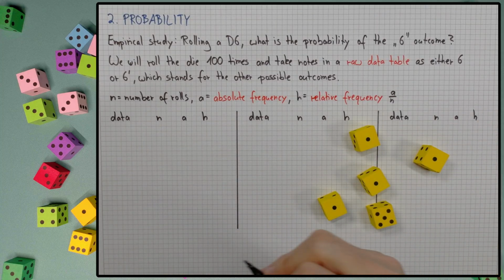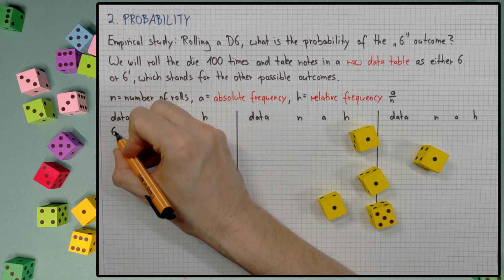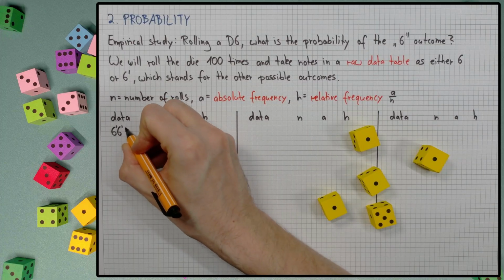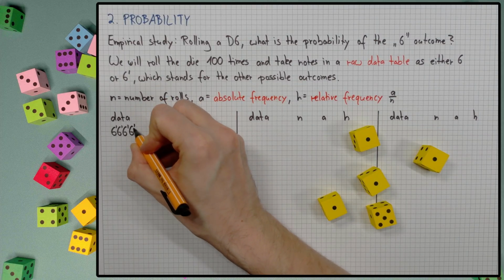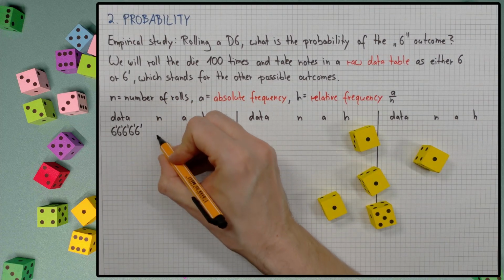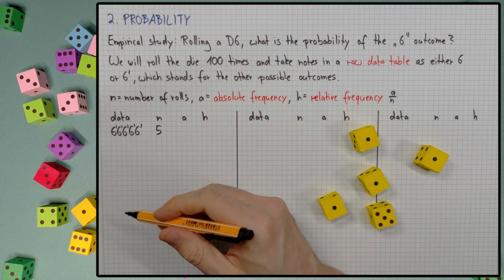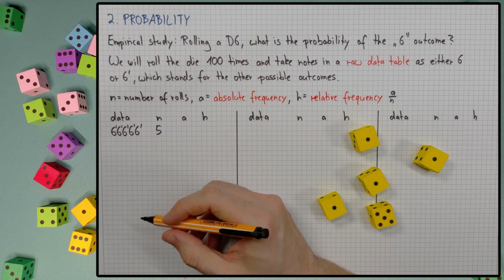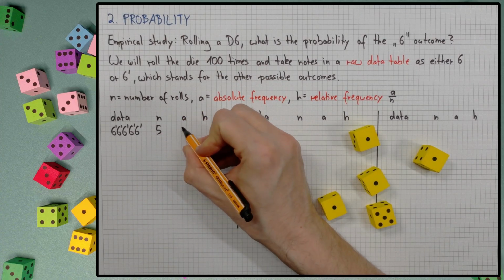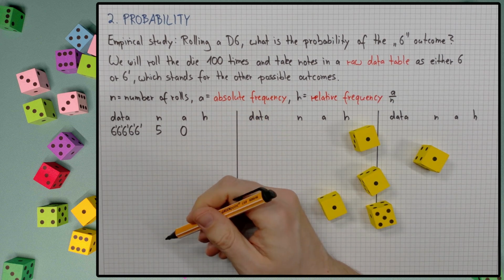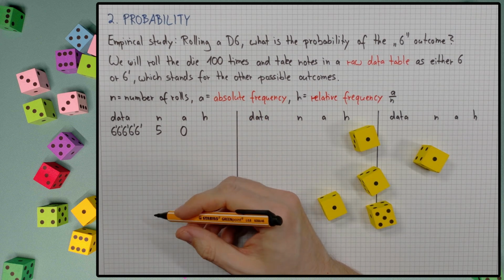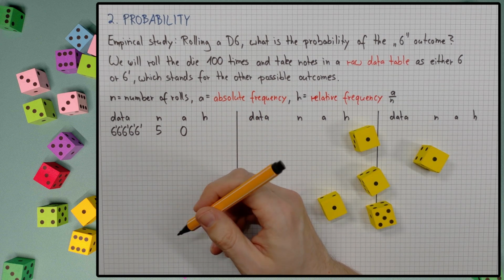No 6s at all. This means we have done 5 rolls. We have an absolute frequency of 0 or naught.